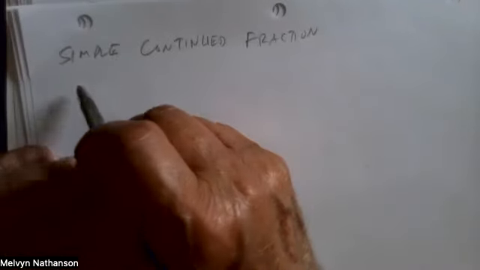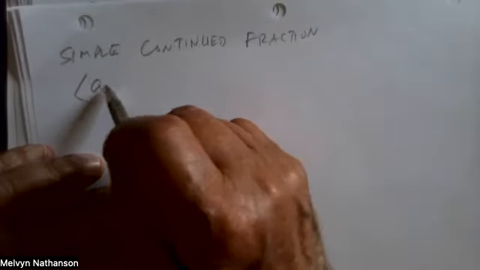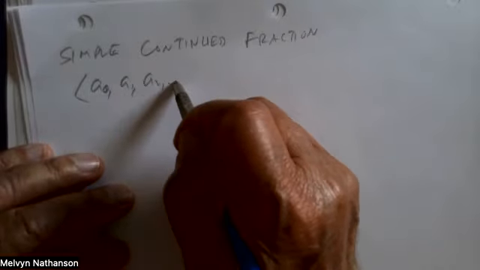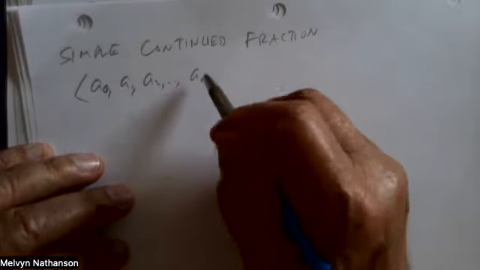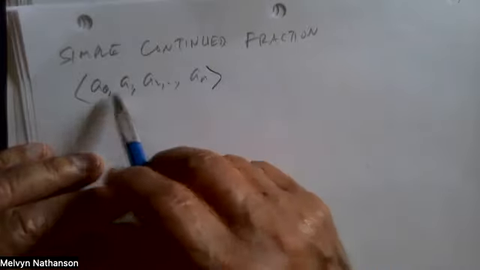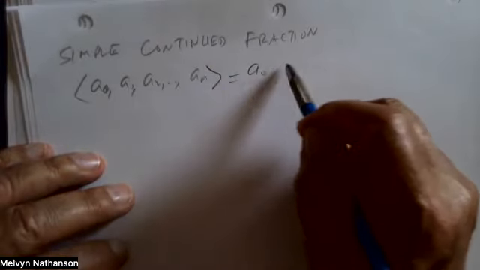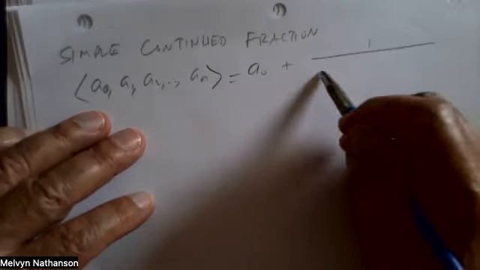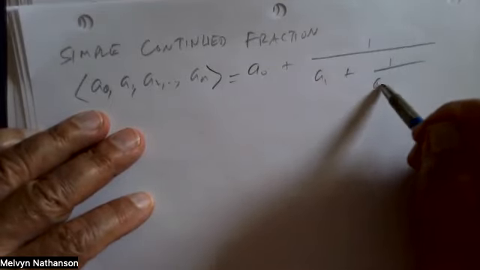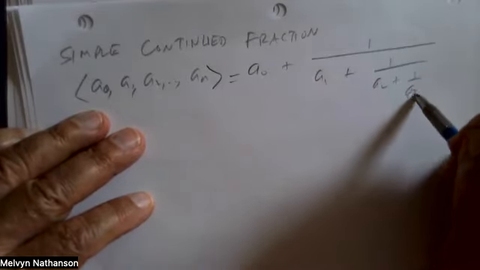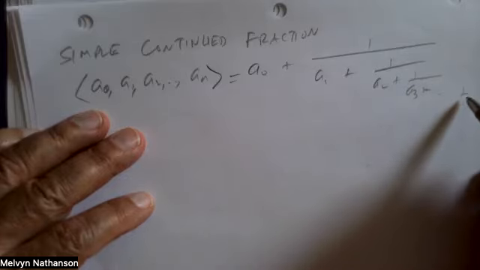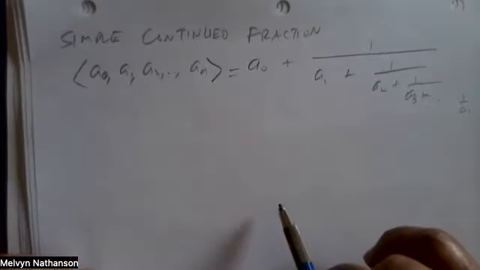So suppose I have numbers A0, A1, A2, up to A sub n. What this means is this is A0 plus 1 over A1 plus 1 over A2 plus 1 over A3 plus, and so on, 1 over An.